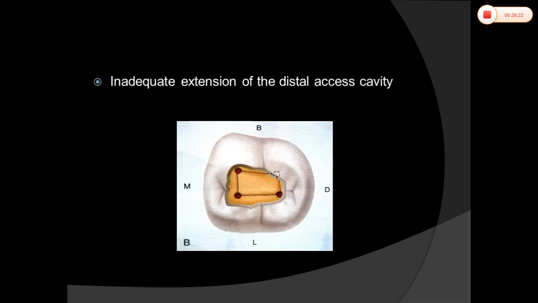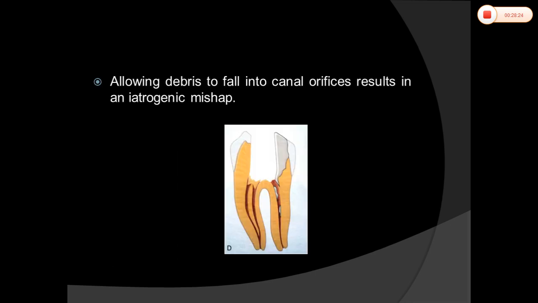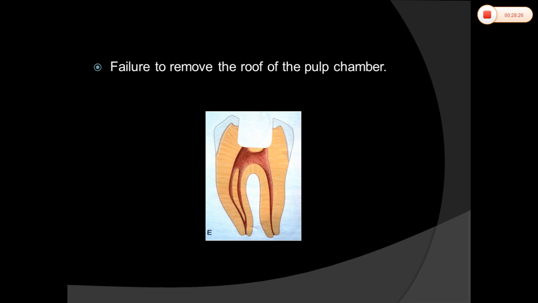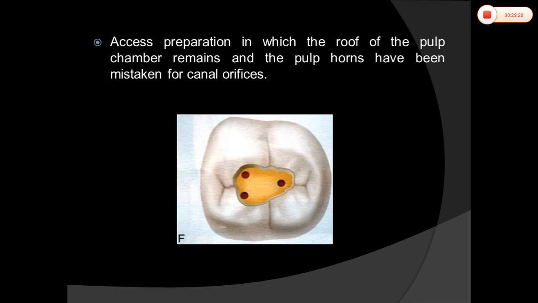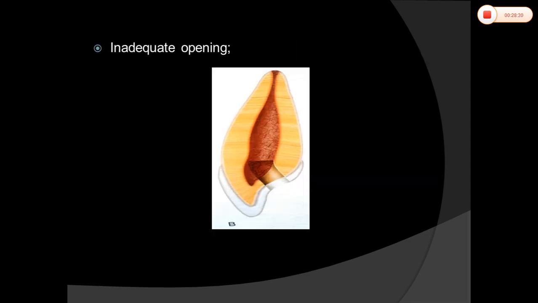So this is about your access cavity and errors caused during access cavity. So to conclude, this is always the first and important step in root canal treatment. If the access cavity opening is proper, definitely your instrumentation will be proper, leading to proper obturation technique.